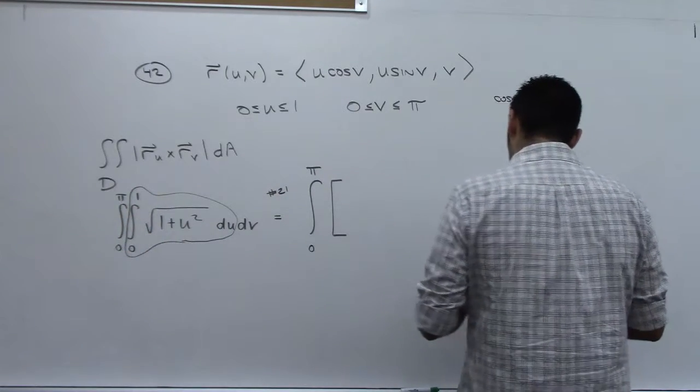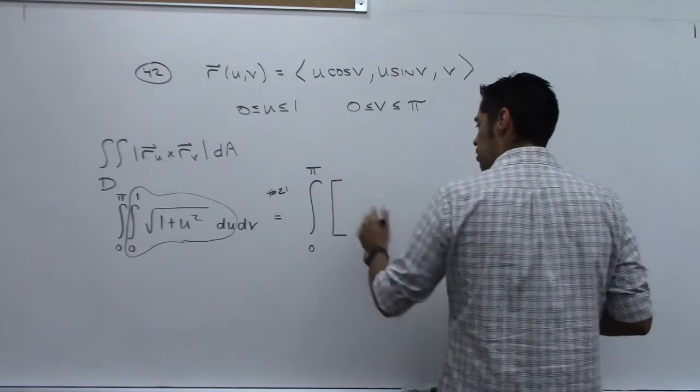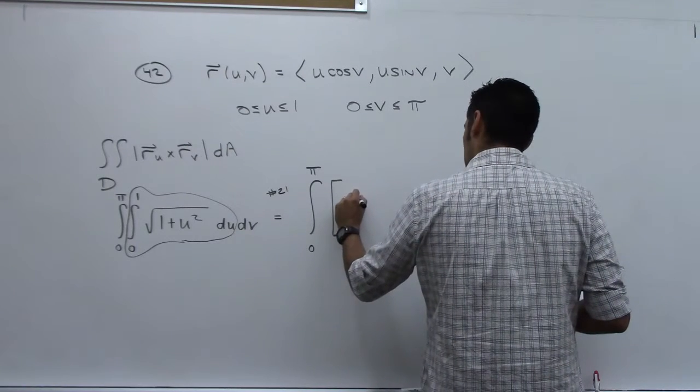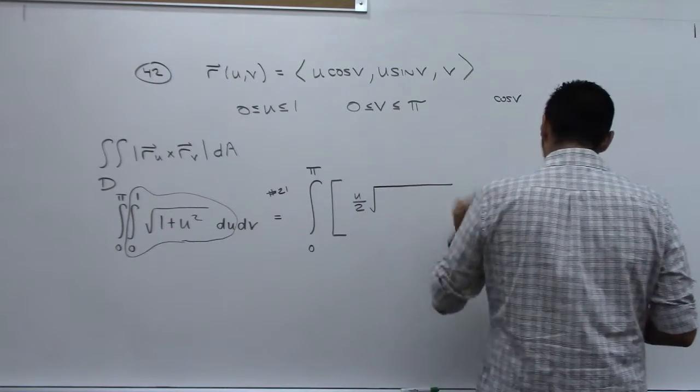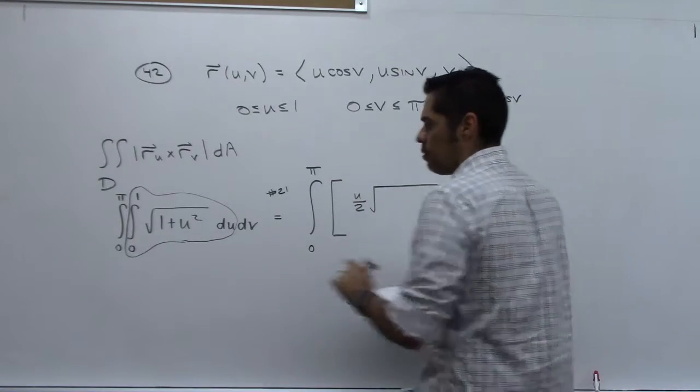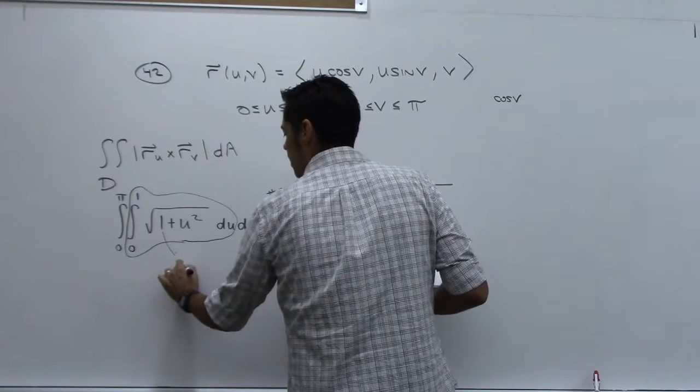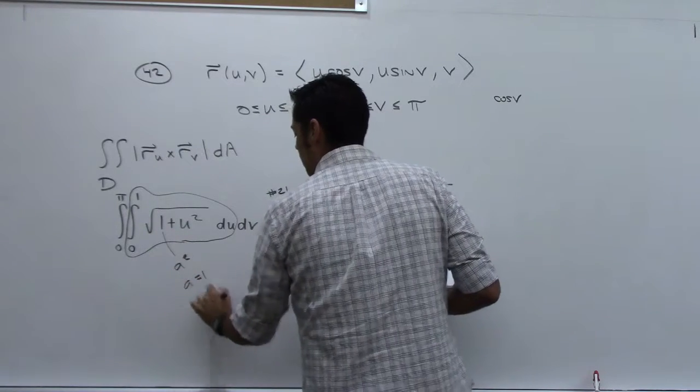is going to be u over 2, square root of, now the formula says a squared plus u squared, but for us this is a squared, which means a is 1.